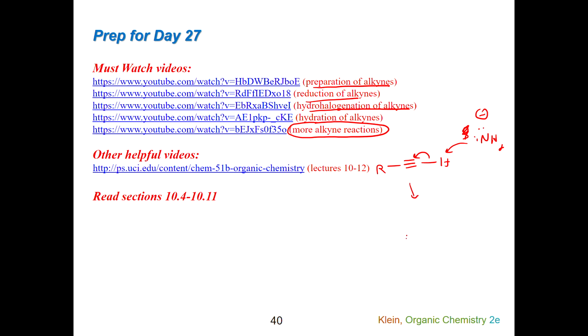That is a nice way to convert the alkyne into a nucleophile, and then that can attack some kind of primary alkyl halide, and I can make a new carbon-carbon bond, and that can make my structure more complex and add more carbons to my chain.